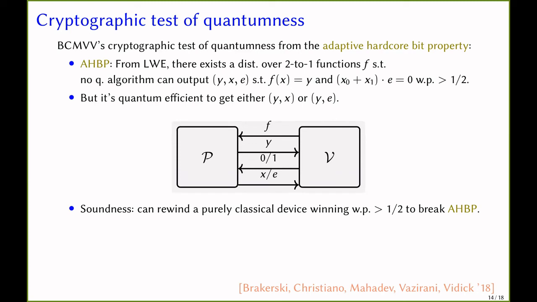To show this, they show that if there exists a classical device which passes the verification with high probability, then you can rewind such a prover to break the adaptive hardcore bit property.